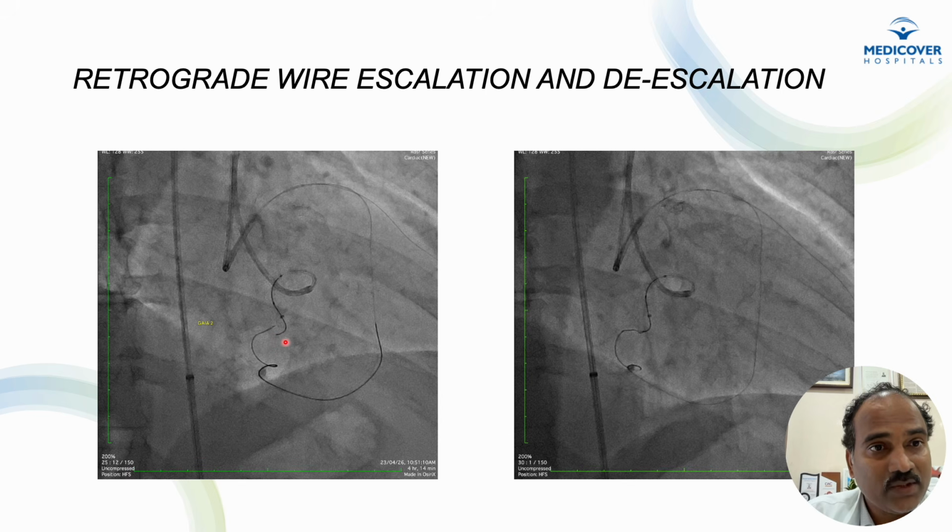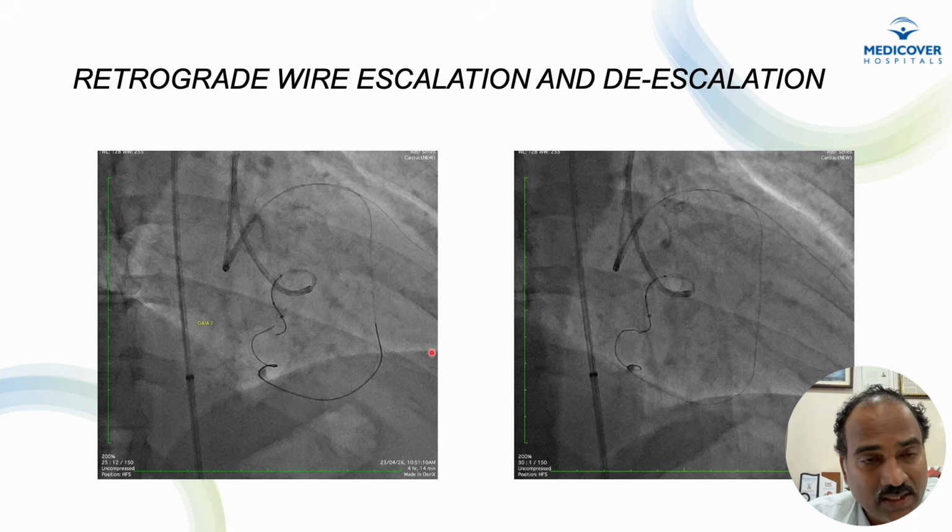I escalated wire to Gaia Next, but the problem is for Gaia Next to take such loops and come back into the guide extension is really difficult. So Gaia Next is essentially to cross the CTO segment here, which is a very small segment remaining, and then exchange the wire to a more flexible polymer jacketed wire like Pilot 50 to get back into the guide extension.